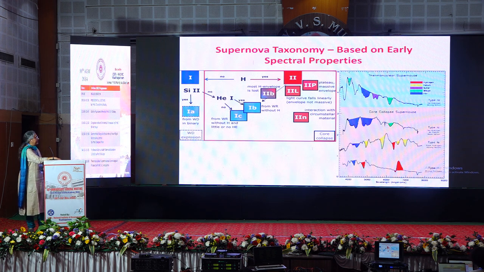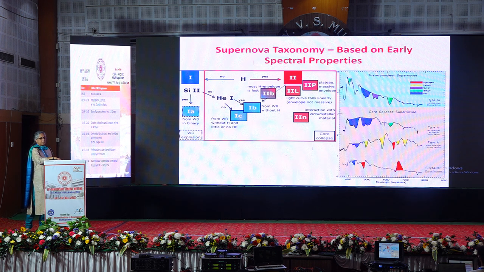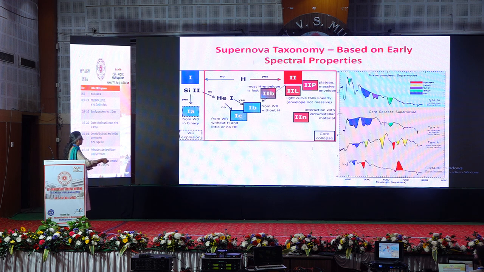So as in everything, we try to classify them to understand the properties of these objects. And the basic classification is based on the spectral properties of these objects. The objects that collapse from massive stars, these are all the ones which are shown here in this box.